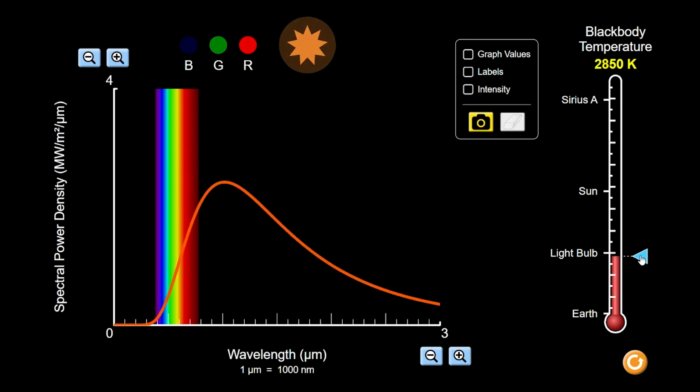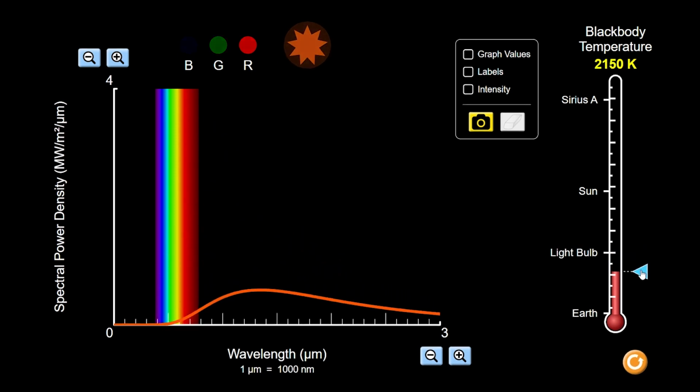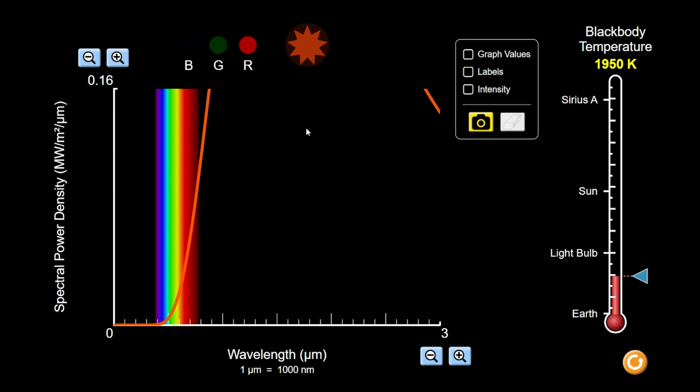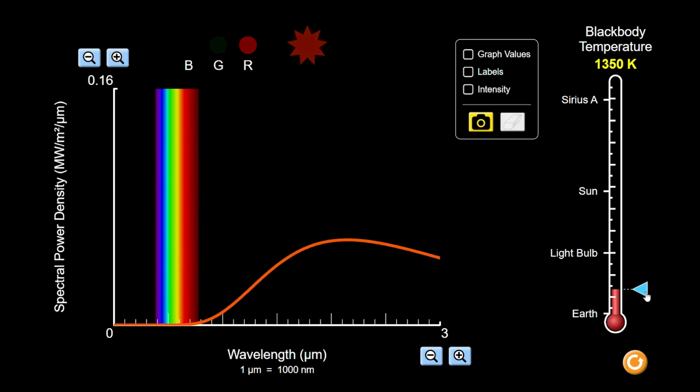I'm gonna lower it down, down, down. We're still at a pretty high temperature, 1,950 Kelvin. So I'm gonna zoom in on the y-axis again. Actually, I'm going to keep going down. So I'll keep lowering the temperature.